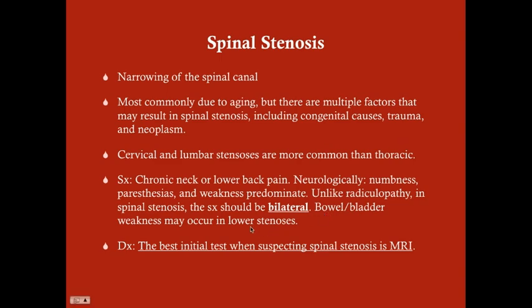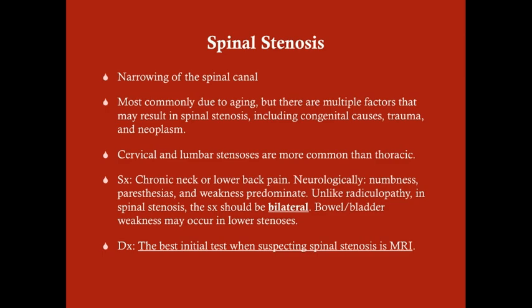Bowel and bladder weakness can occur in some of the lower stenoses. So if you get down to S1, S2, S3, that can cause bowel and bladder weakness. For diagnosis, if you suspect a stenosis, you should get an MRI. That's the only way to detect spinal stenosis.